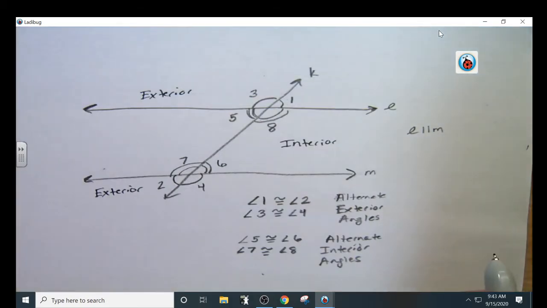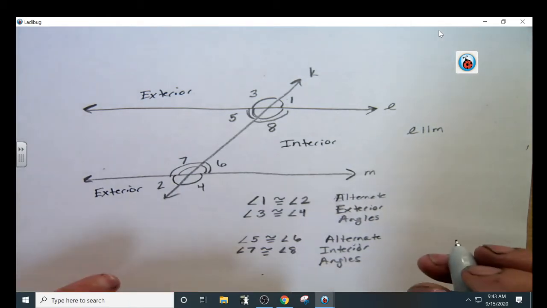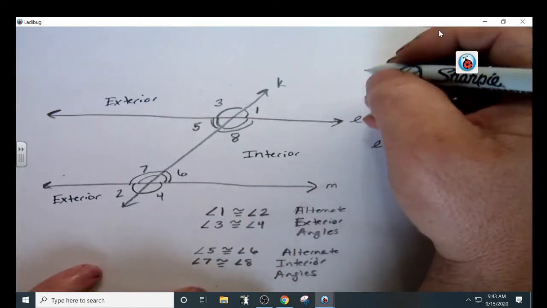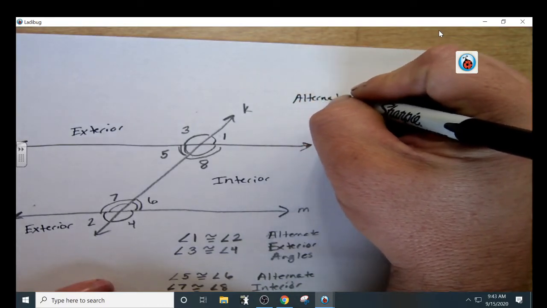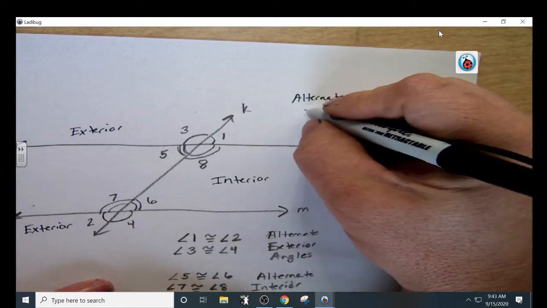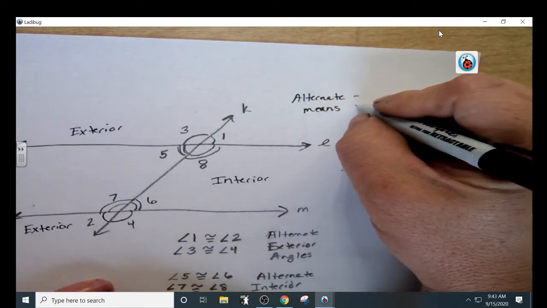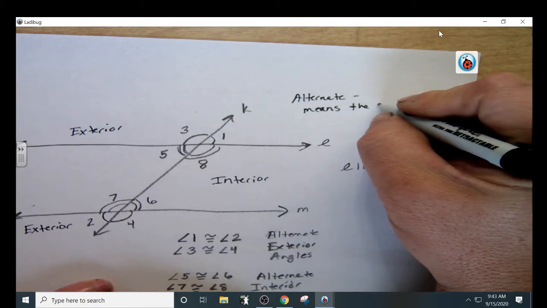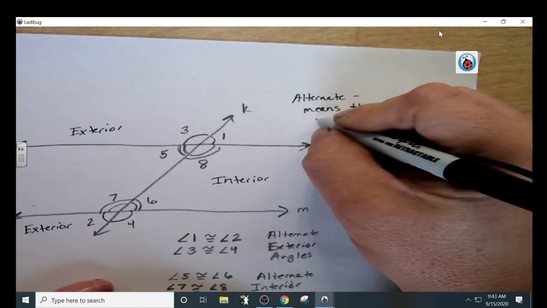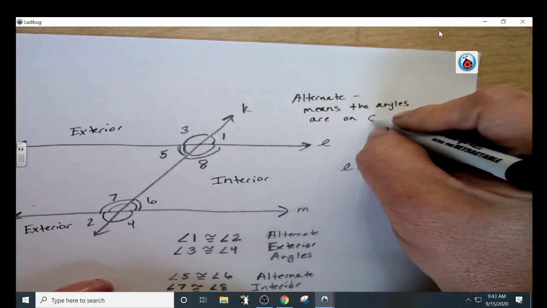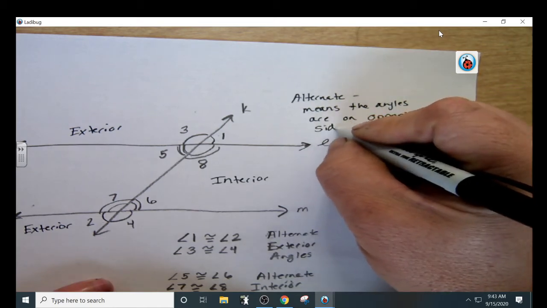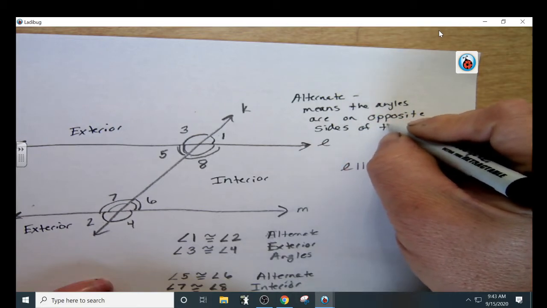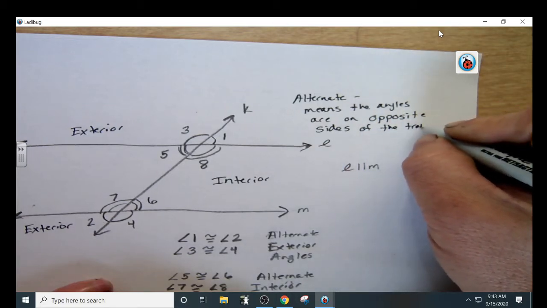If I refer to it as interior, that means inside the parallel lines. Now, alternate means the angles are on opposite sides of the transversal.